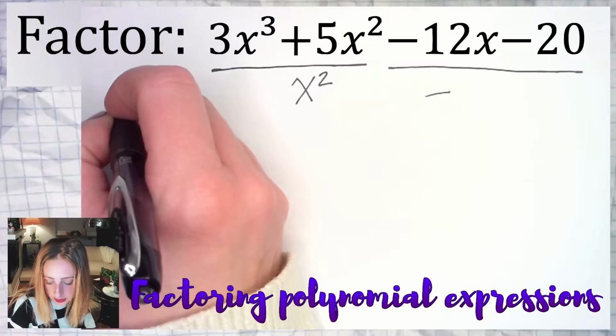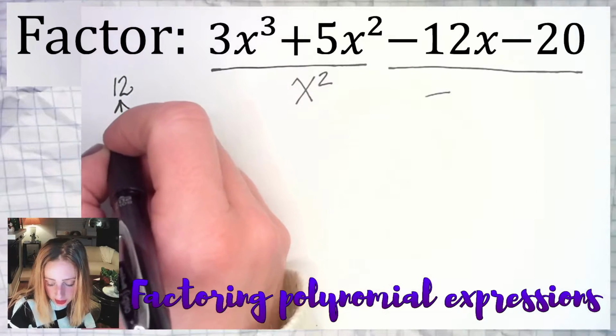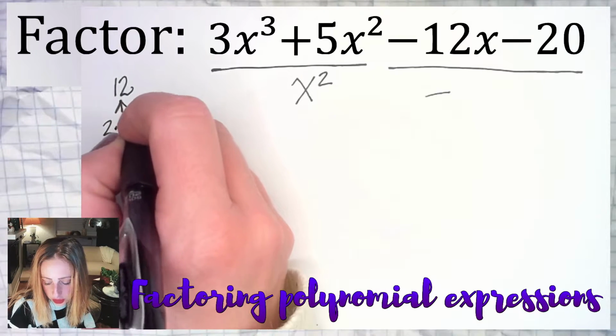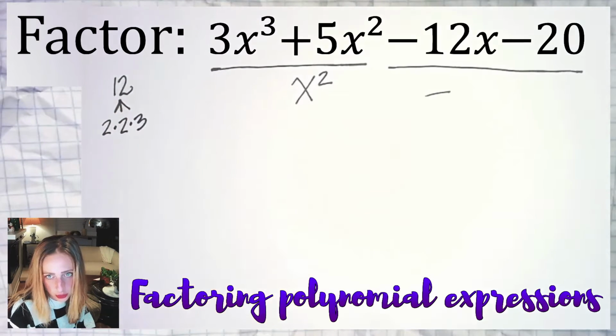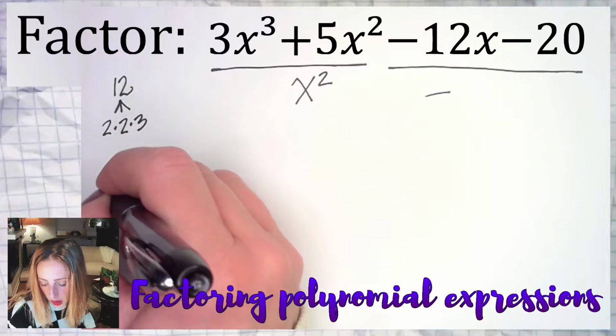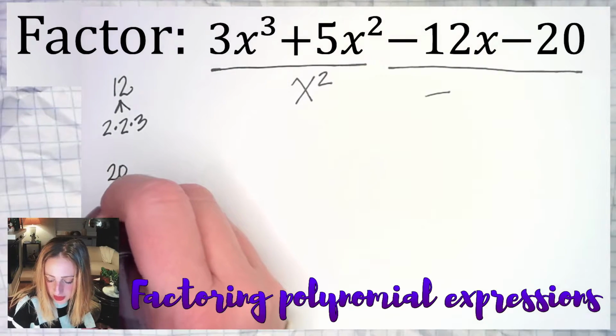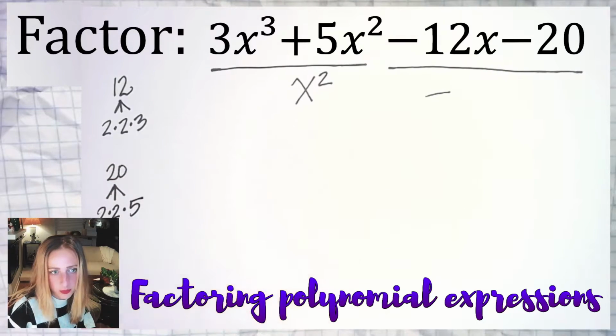You gotta suck it up and you just gotta do it. So normally you might think 4 times 3, but we should know by now that 4 is 2 times 2, and there's the 3. And 20, I hope our brains kind of go right away to 4 times 5 is a good place to start. But 4 we said is 2 times 2 times 5.